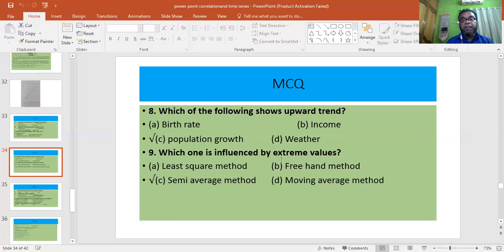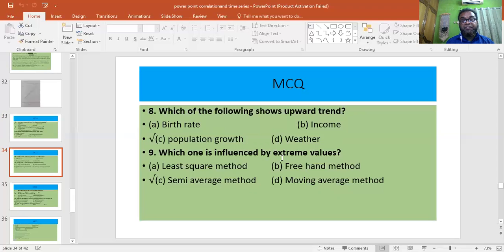Say in a slum area, only poor people are living. In some place you can get an industrialist. His income is very high. Then it affects the others' income. So this is extreme value for the slum area.